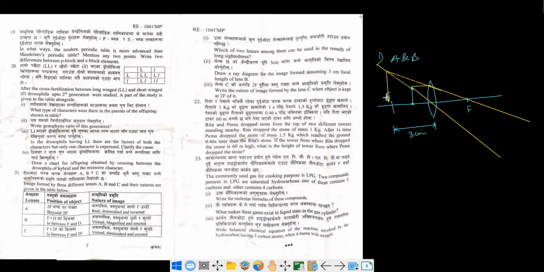Okay, let me just draw differently. This is an upright image. Okay, and this upright image is here. So this is again a virtual image. So this is how we can do this problem. Okay, so I forgot one thing to mention here. This is an arrow. Okay, and this is the proper diagram for this one.